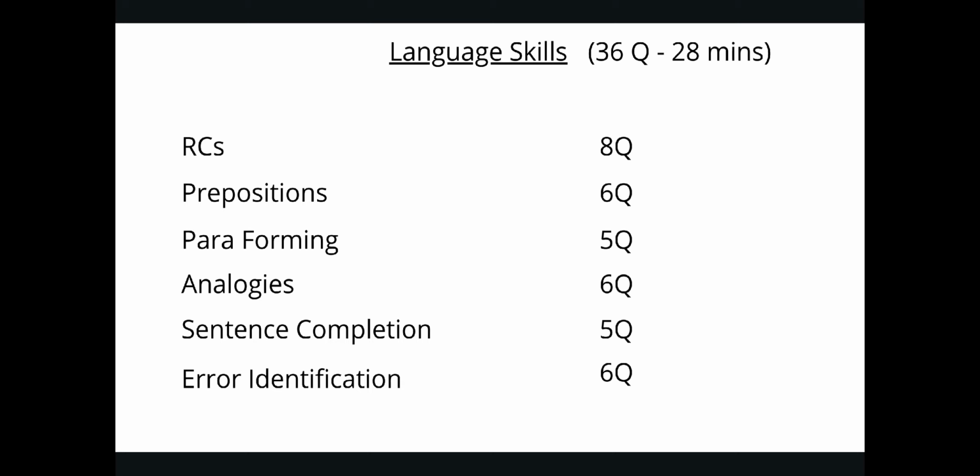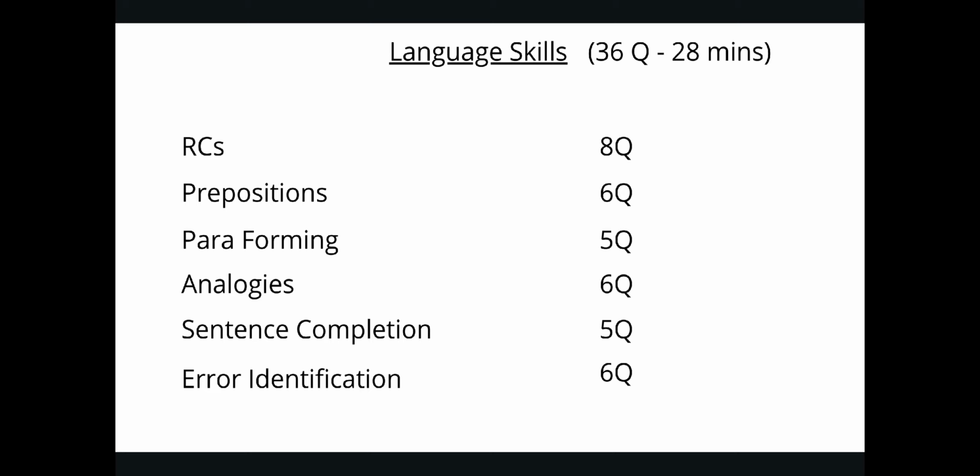You can solve the analogy questions, the preposition questions, and the error identification questions in 10 to 15 seconds if you know them. The para forming questions, which means parajumbles, since they are not data based, you can solve 5 questions in 3 minutes for sure.